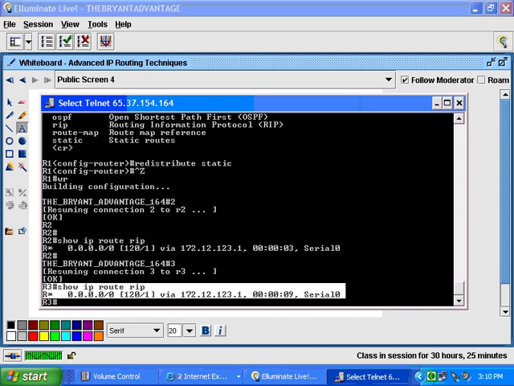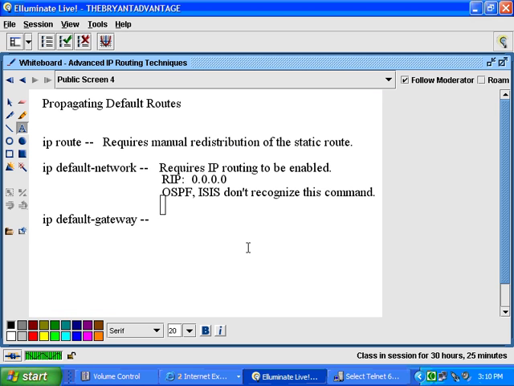We used the redistribute command. So that's just another way to propagate a default route. You use the IP route command, but then you've got to use the redistribute command. Key here that you may never see outside of the exam because you don't see a lot of IGRP.